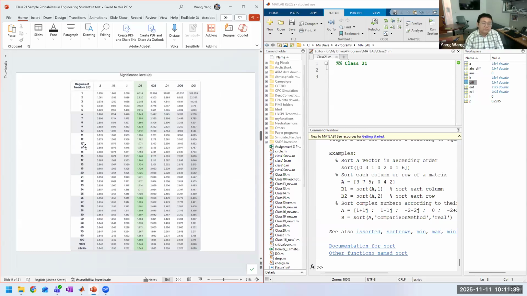So if you don't have a calculator, or if you don't have a computer, or if you don't have MATLAB, then we could use this table to find the critical T value representing different significance levels.